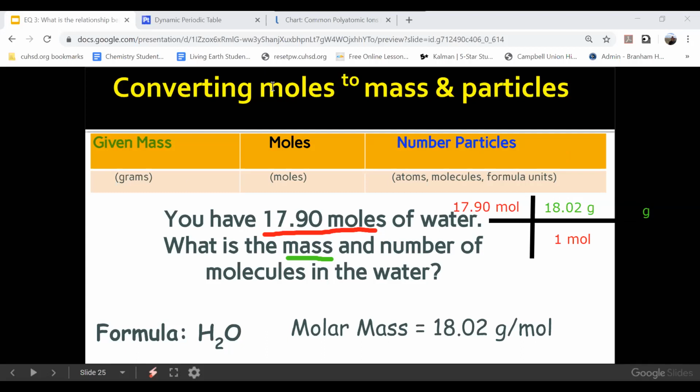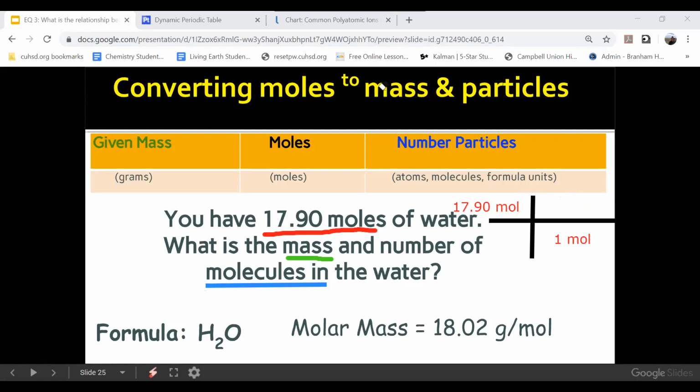So the setup on the other side is very similar. What you're basically going to have is you're going to start. So for the second one, when we're trying to find the number of molecules, so let's just make this blue, because that way we can kind of see it as a little different. So I'm going to erase these numbers. But the cool thing is we do know one really easy way.